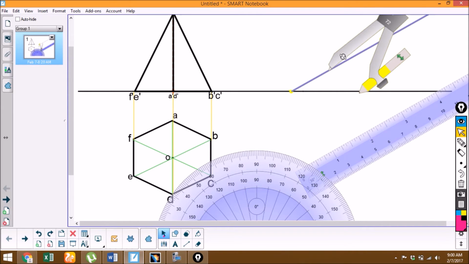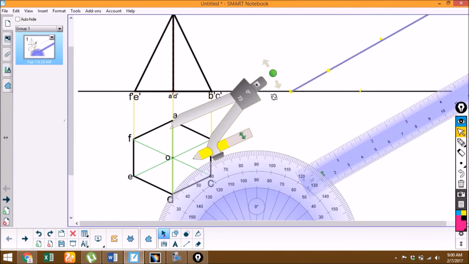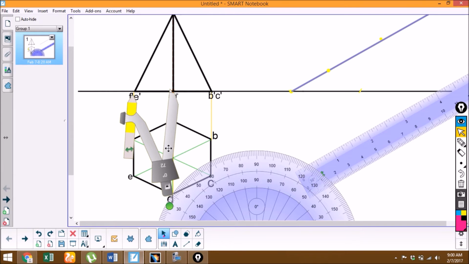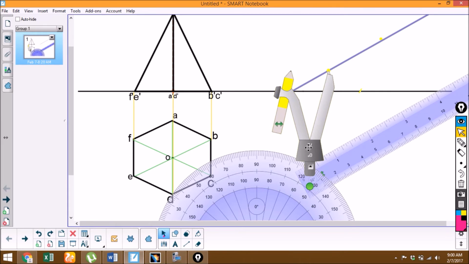Taking A dash D dash as center on this inclined line, wherever the XY line is cutting now, that point will become B dash C dash. In the same manner, F dash E dash also we identify from the same A dash D dash.